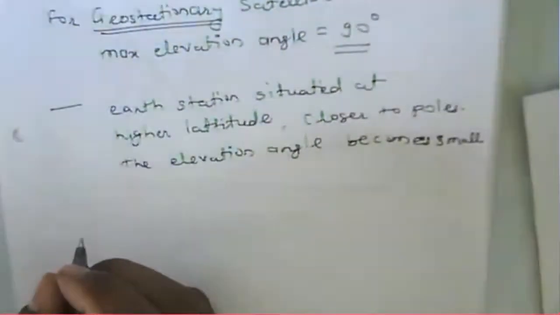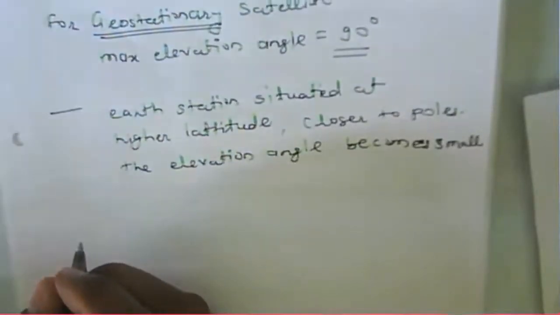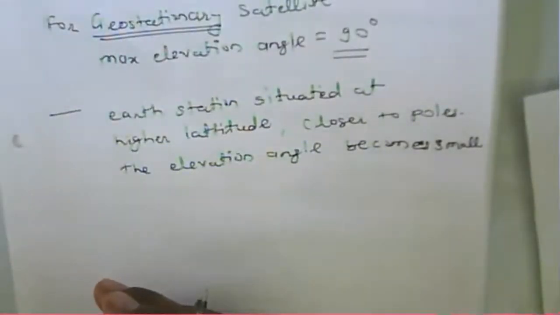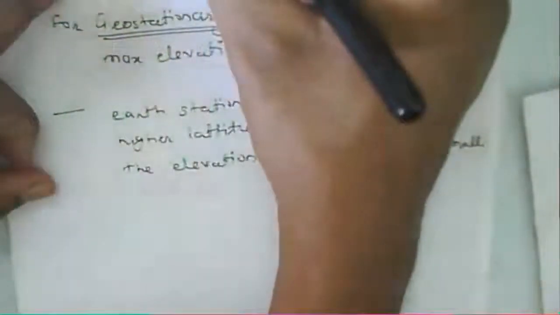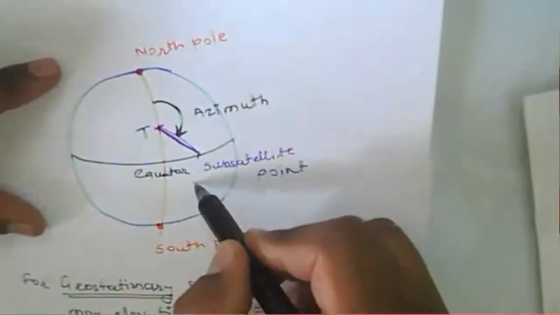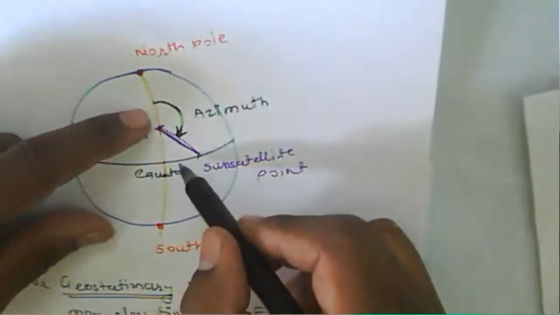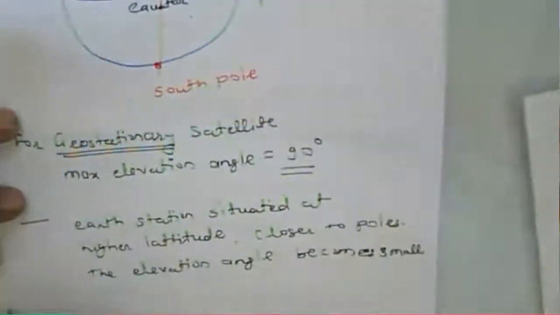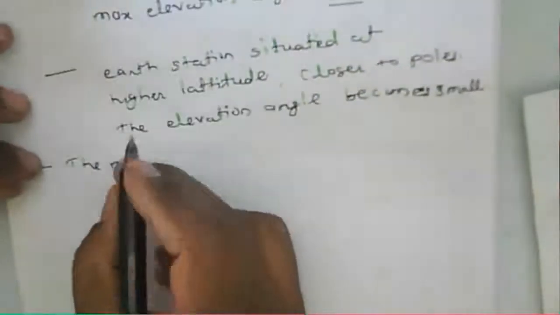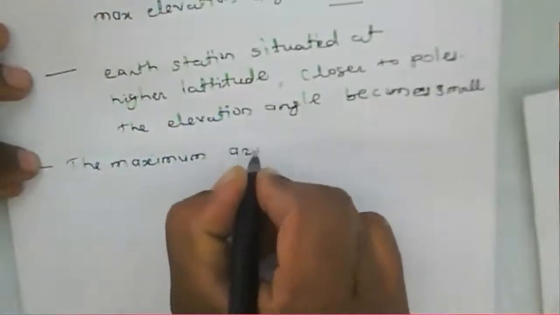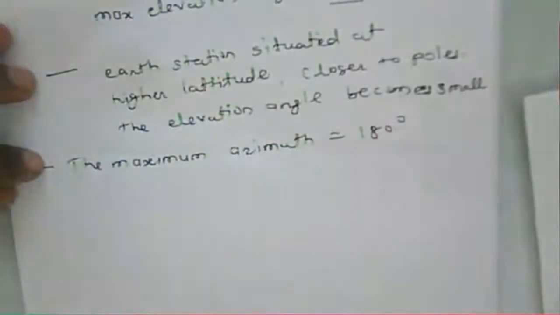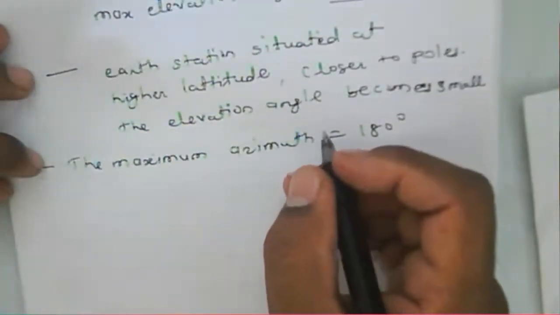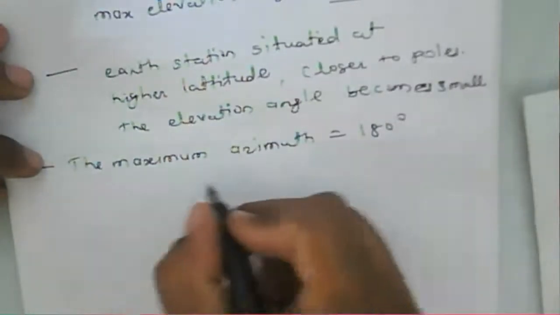In the case of the azimuth angle, if you consider a horizontal plane and measure from the north, and the satellite point is here, then it will be more than 90 degrees. So the maximum azimuth angle can vary up to 180 degrees, because we have considered that the azimuth angle is measured from the north toward the easterly direction.